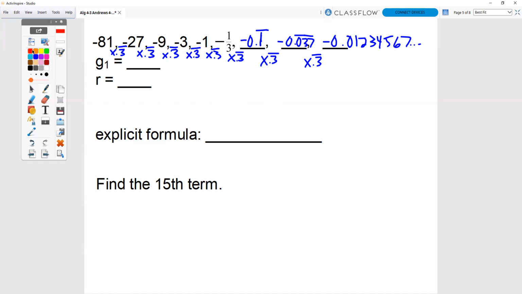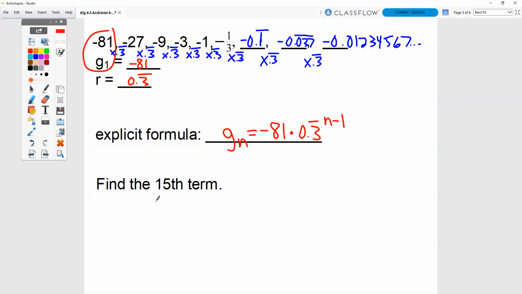Our G sub 1 is our first term, so that's going to be -81. Our common ratio is 0.3 repeating, so 0.3 with a little repeating sign above it. The explicit formula, the term that we want, G sub n equals the first term, -81, times the common ratio, 0.333 to the n-1 power.